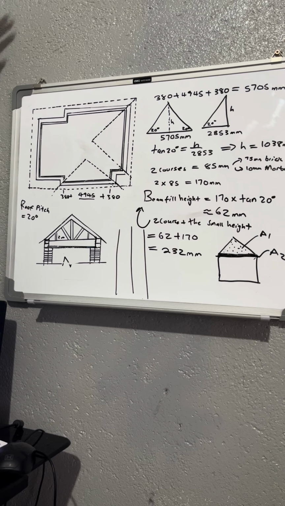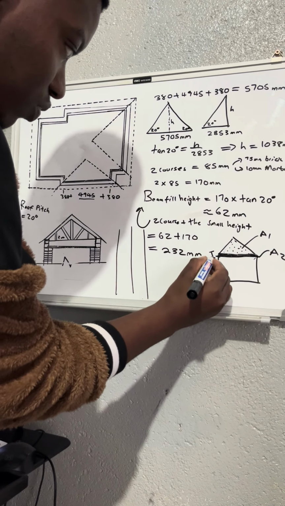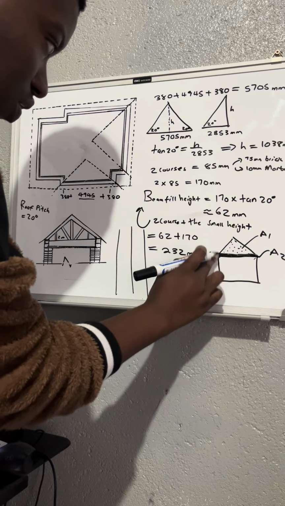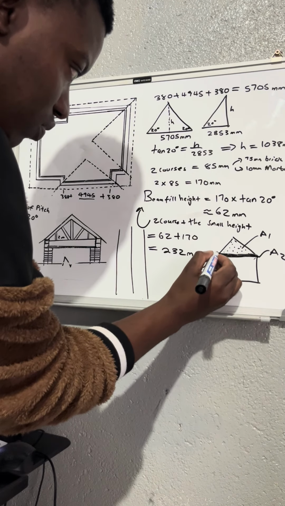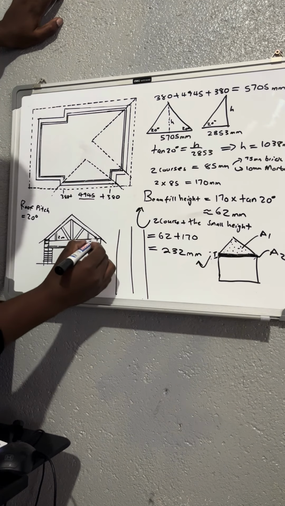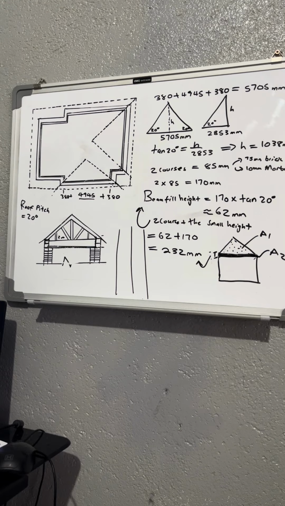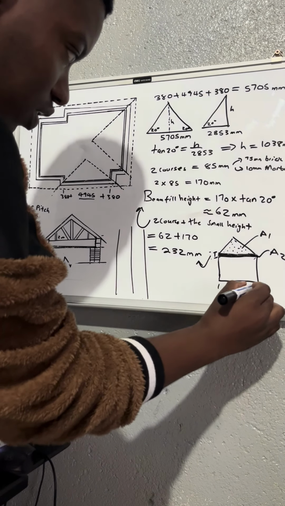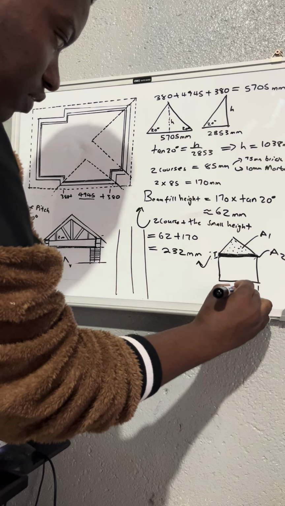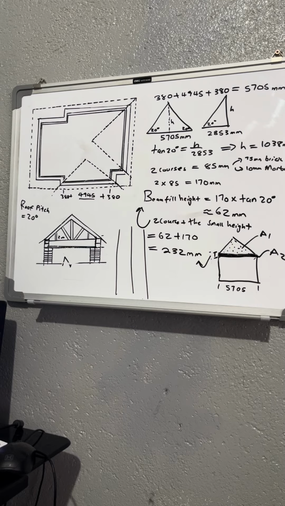For area 1, remember the height from here to here is this 232. So it will be from here to there, it's this 232. Then the distance from here to here, we've worked it out, it was 5705. So we can go to a measuring paper.